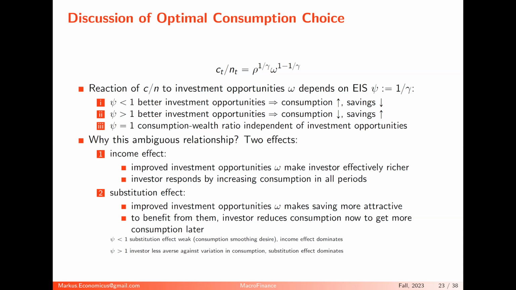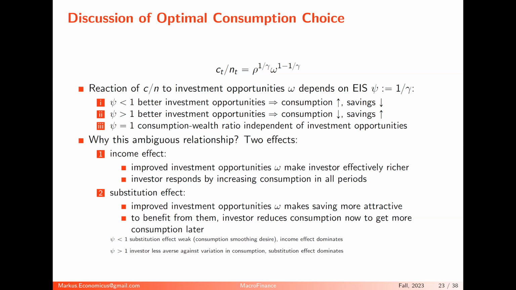And if you have a substitution effect dominating, you say, oh my God, this is great. I should substitute into these greater investment opportunities, actually save more and exploit these attractive investment opportunities, and consume less. So it depends whether the income effect or the substitution effect dominates, and with log utility, they just cancel each other out. Okay.